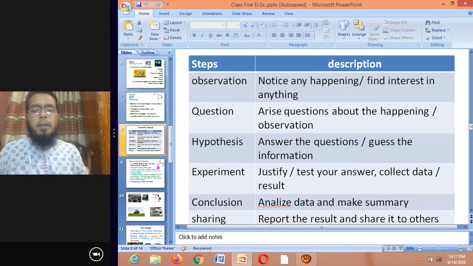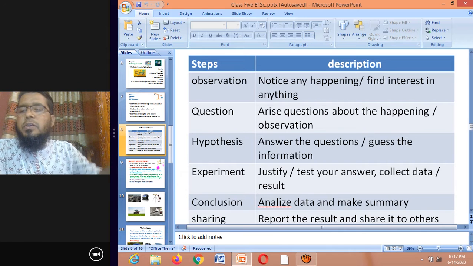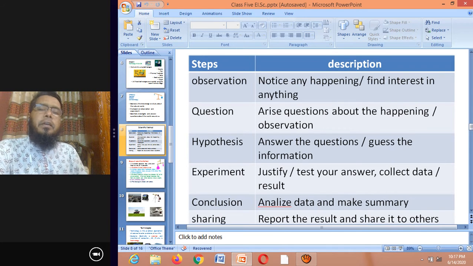And finally they have got a result, that is called conclusion. Conclusion is analyzing data and making a summary. And finally sharing the result, the scientist passes the message to everybody, that is called sharing.